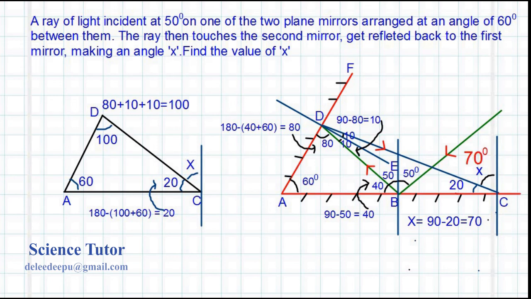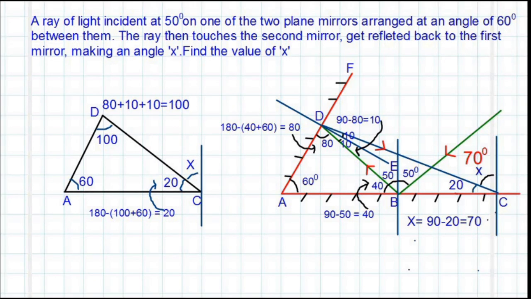The angle ACD is 20 degrees and this 20 degrees and x make complementary angles, and angle x is equal to 90 minus 20, that is 70 degree. We came to the conclusion that angle x is equal to 70 degrees.